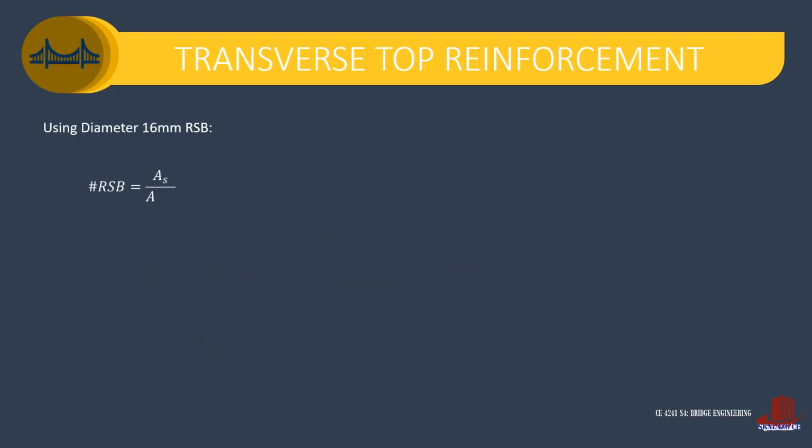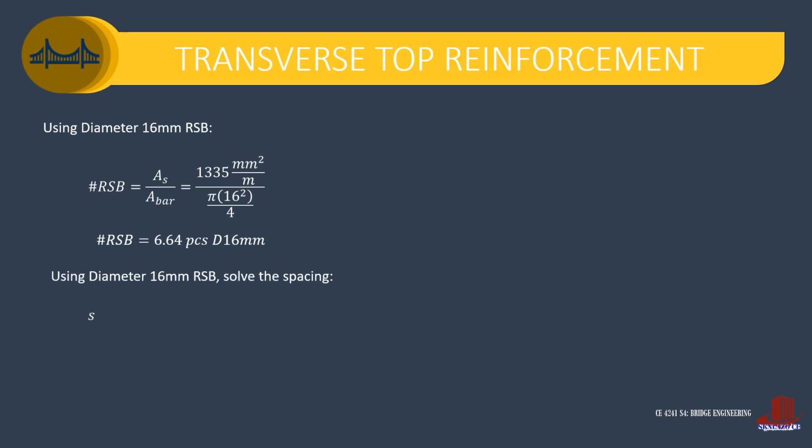With diameter 16 rebars, 1,335 divided by its cross-sectional area gives 6.64 pieces. Then the spacing is computed as 1,000 over 6.64, giving 150.6 mm. At this point, we round it to 150, as that would be easier to lay out on site.